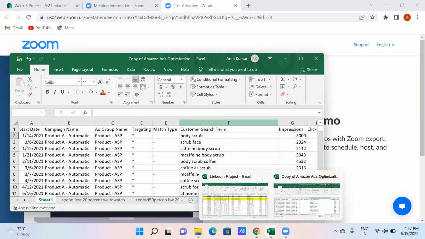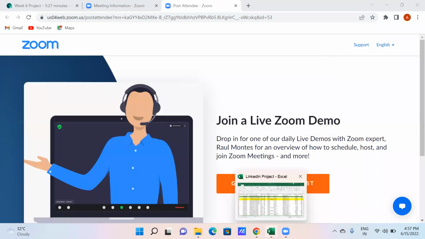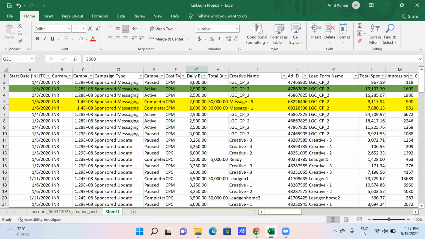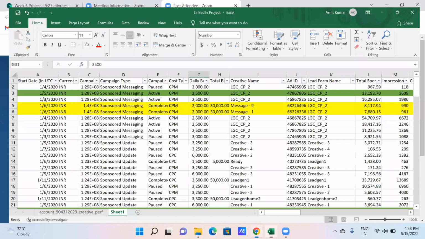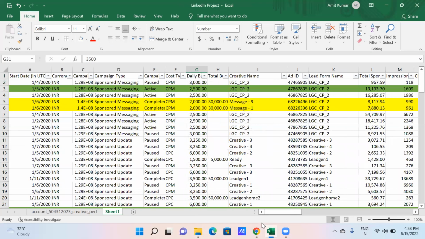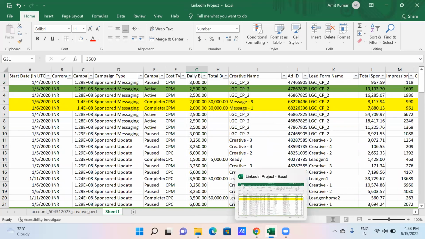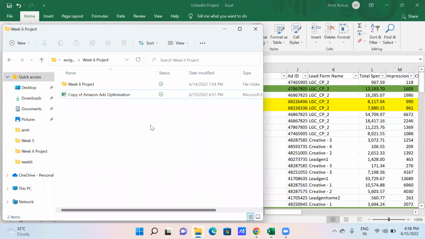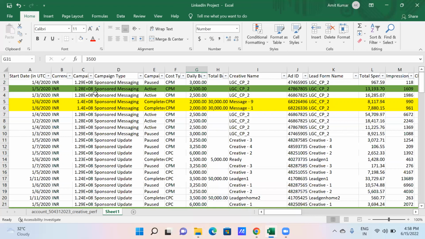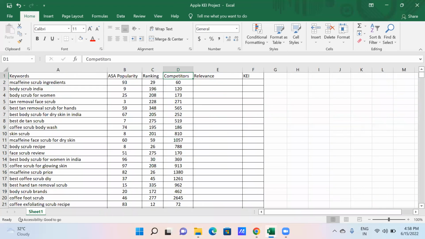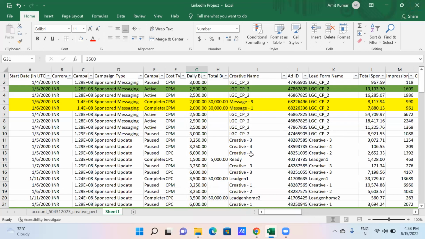Let me open the second task. I think LinkedIn was the third. Apple KEI project, I guess. Yeah. Okay, let me open the correct sheet.